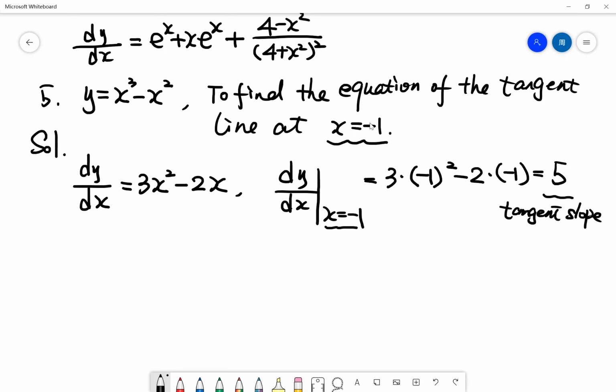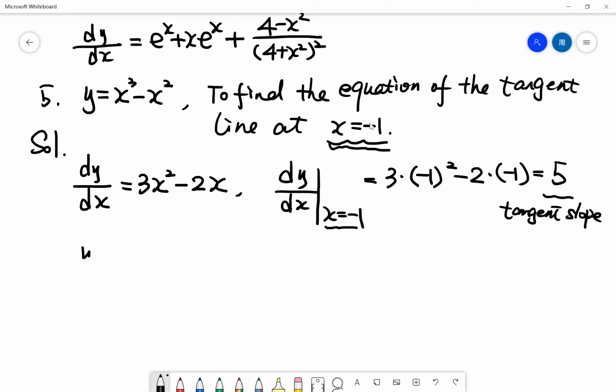So the last step, I want to write out the equation. I have the slope, and I also want to know the point. The point I know has x equals minus 1, right? And I should know if x equals minus 1, then y equals what?